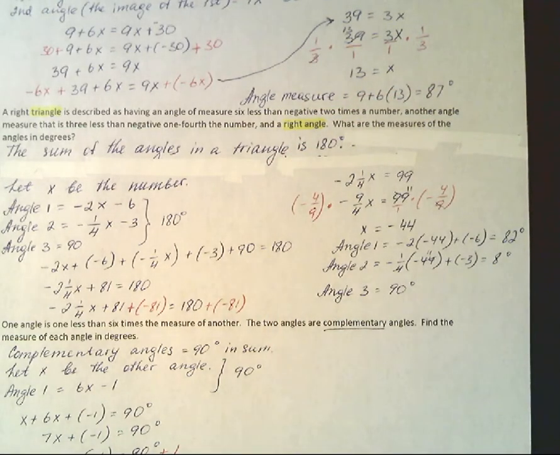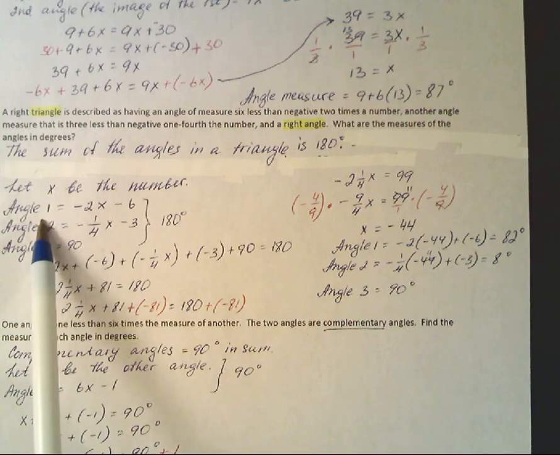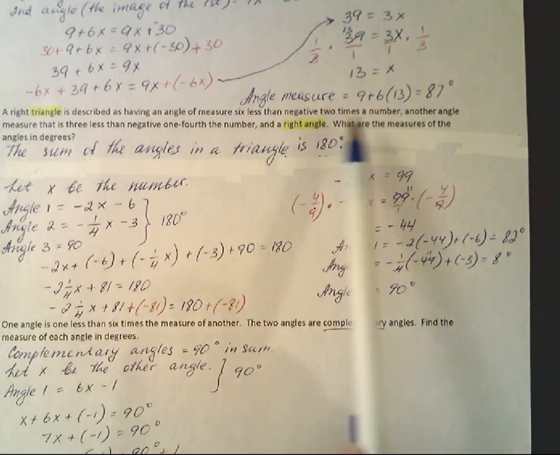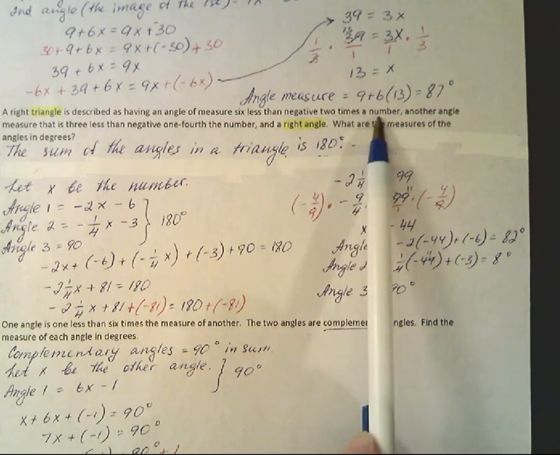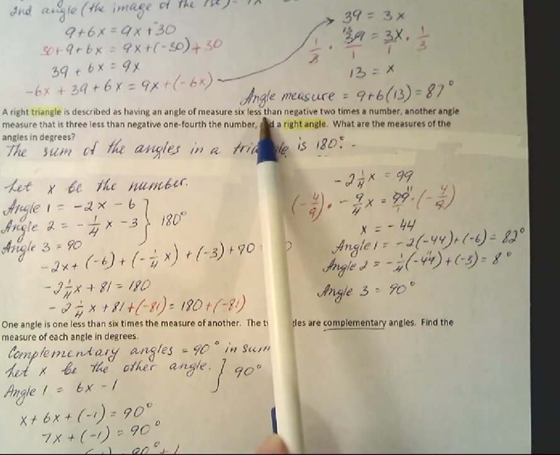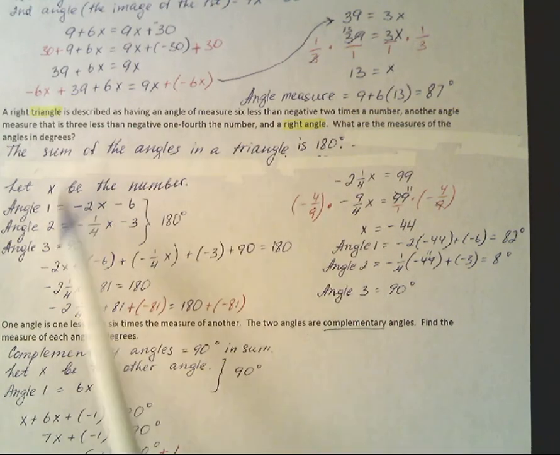Okay, so in a triangle, as we talked about earlier, the sum of the angles in a triangle is 180 degrees. Okay, if x is the number, then the first angle is going to be -2 times the number, so -2 times x, and this is 6 less, so -2 times x minus 6.